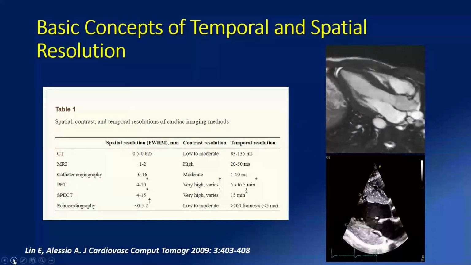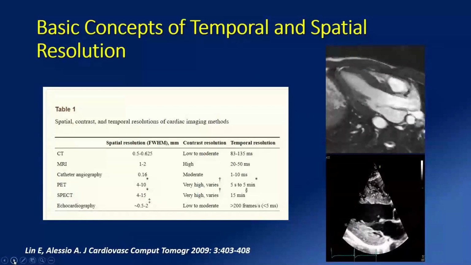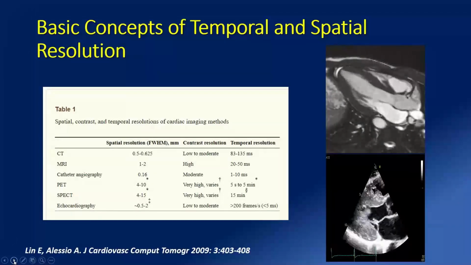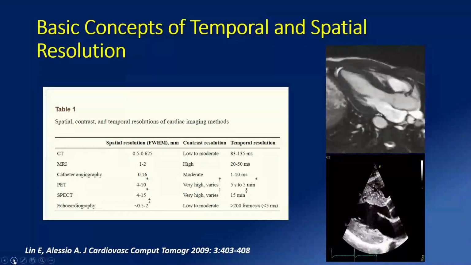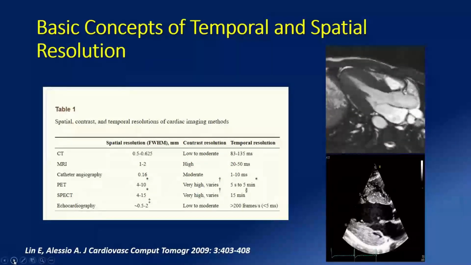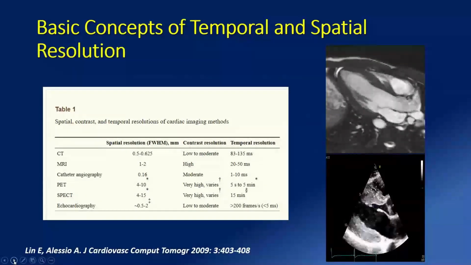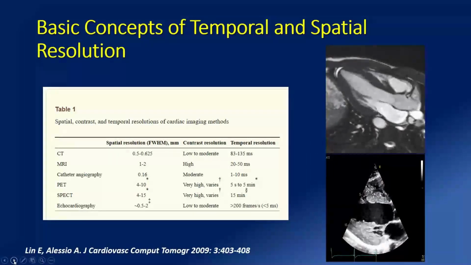This table and those two clips are just to remind you that 2D echocardiography is the technique that we have with the highest temporal resolution. In this clip, you can see above there is a CMR and below there is an echo.